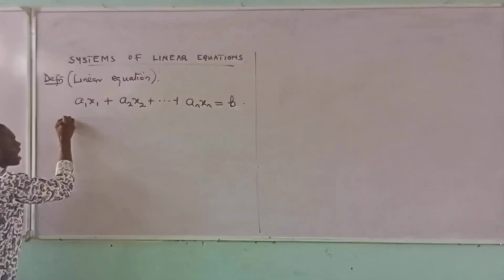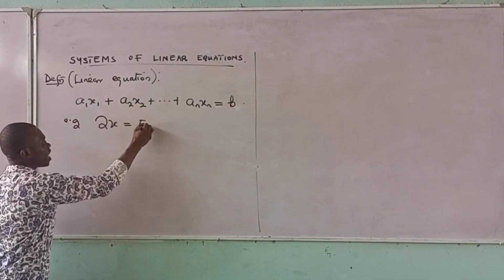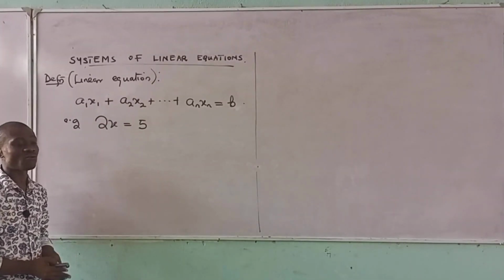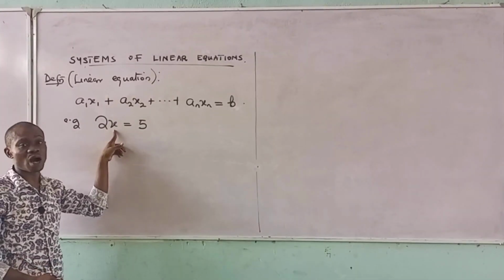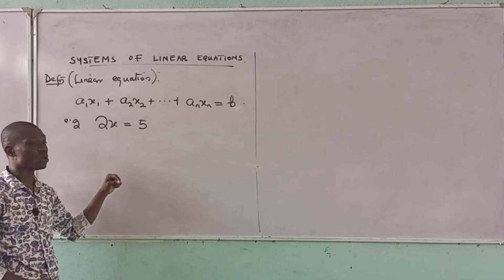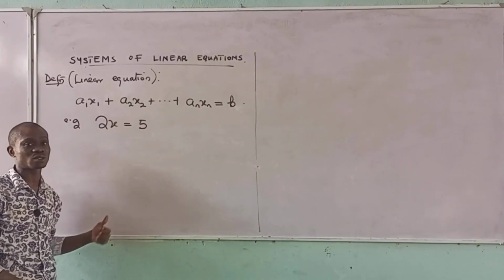For instance, I can have something like 2x = 5. This is a very simple linear equation because here I have one variable and the power of that variable is 1. Because of course by indices we are told that the power of any variable in this form is the same as 1.